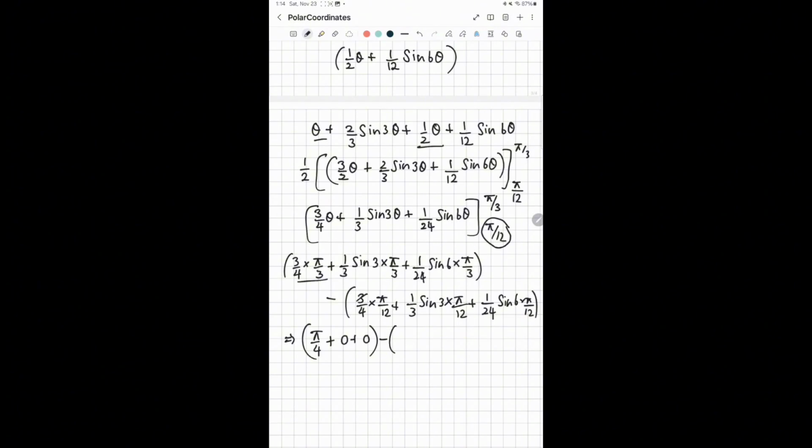This subtracted by, so you can rewrite this, 3 divided by 12 is 4, pi over 16. 1 over 3 sine 3 into pi over 12, that's root 2 over 6. 1 over 24 sine 6 into pi over 12 is 1 over 24.